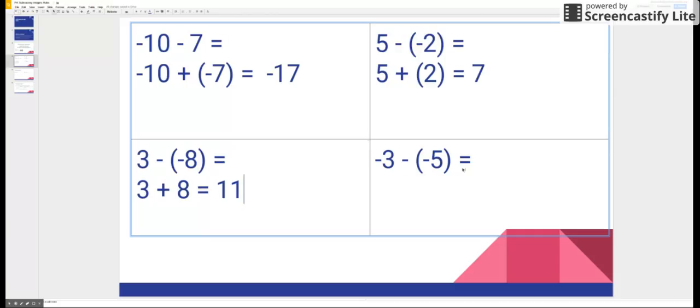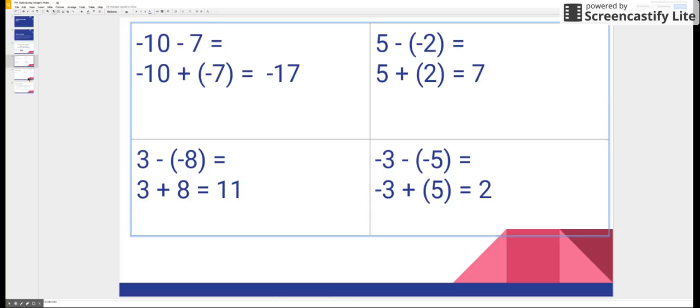In this last example, I have -3 minus -5. I'm going to just keep that -3 the way that it is. Then I'm going to add the opposite. The opposite of -5 is +5. -3 plus +5 gets me positive 2.